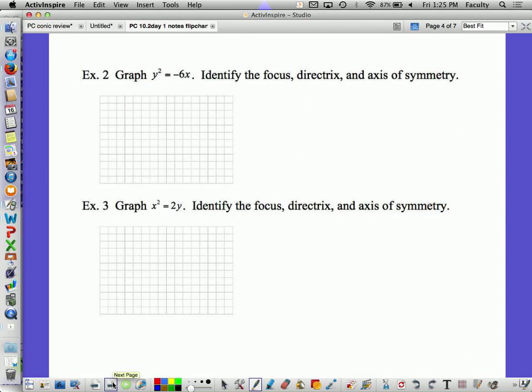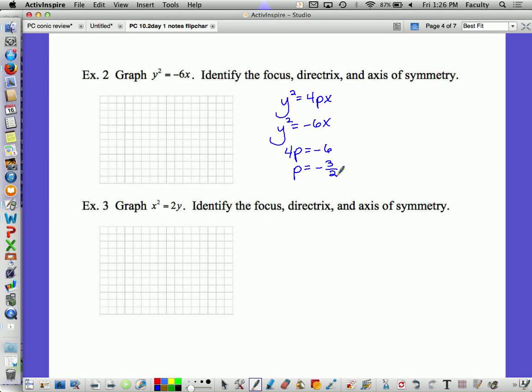Example 2 says graph y squared equals negative 6x. Because it's y squared, it opens right or left. And I need it to be of the form y squared equals 4px. So I then know that 4p equals negative 6 and p equals negative 3 halves.